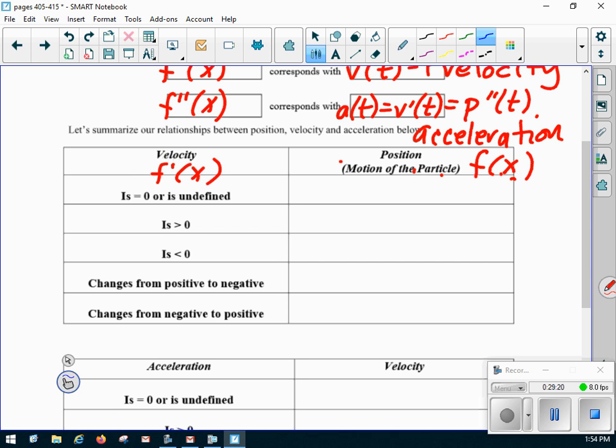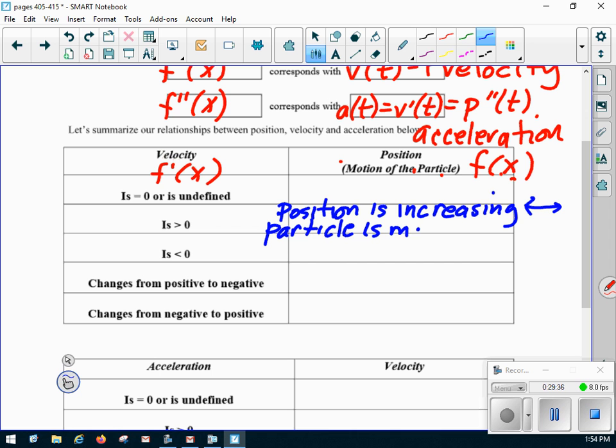The position is increasing, which means the particle is moving to the right.